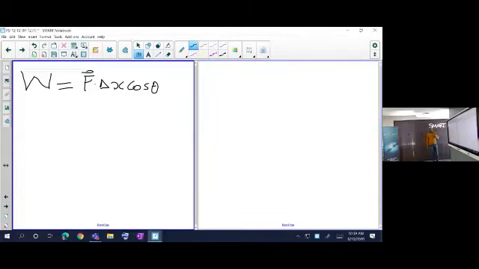I will show you if I have time. If I have time, I will show you cos theta because it's horizontal. You have to choose direction. If it's right hand side, it's going to be positive. If it's left, it's negative.